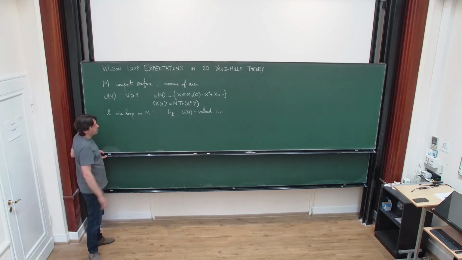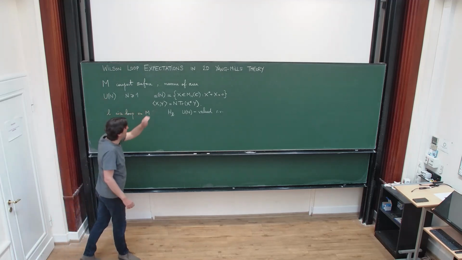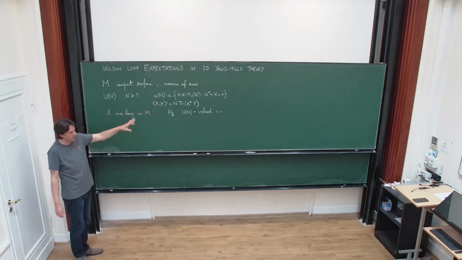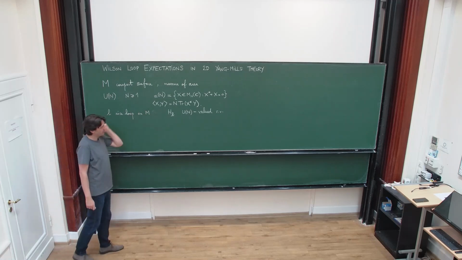This is supposed to be an incarnation of the pure Euclidean Yang-Mills measure in this setting. So there is a well-defined stochastic process indexed by loops with values in the group.